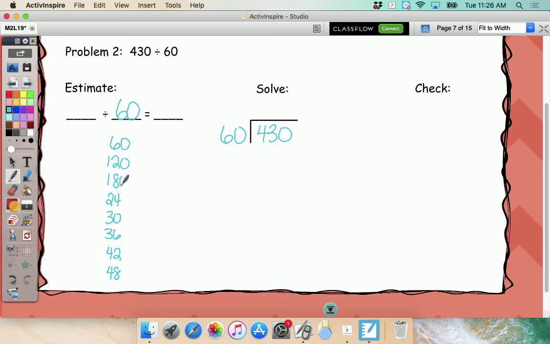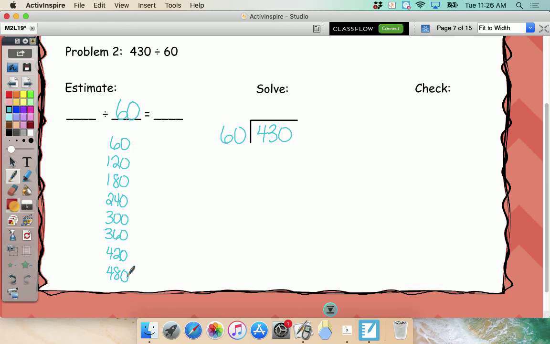Now remember, I skip counted by 6s, and then I add a 0. And I was singing that little 6s song in my head. I know, I knew some of you were.